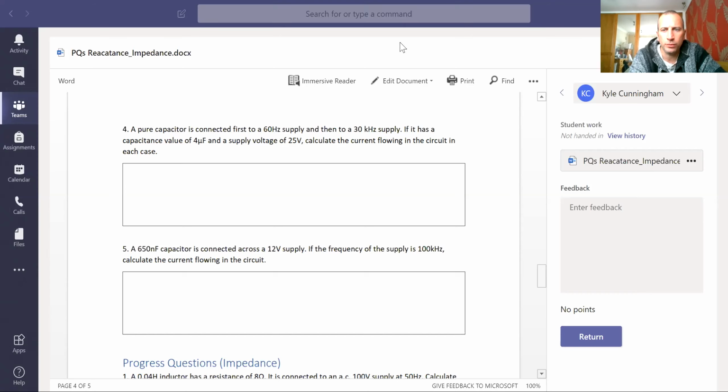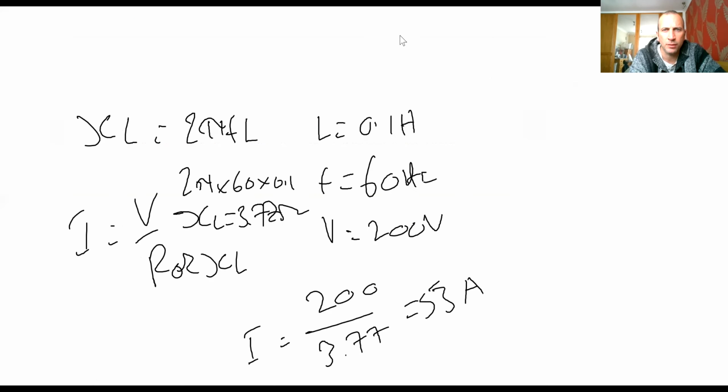Whiteboard. Let's clear this. Clear all drawings. Right. So your capacitor. Don't forget your equation for your capacitive reactance, XC, is equal to 1 over 2 pi FC.